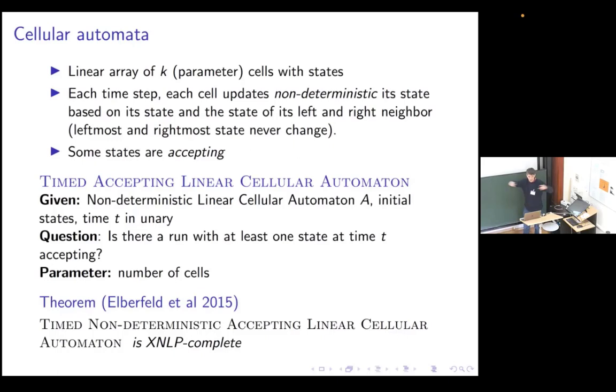It's like a game of life, but one-dimensional. And one state is called accepting, and then you ask: after t time steps, is it possible to have a run that ends in an accepting state? They showed that this is XNLP-complete.